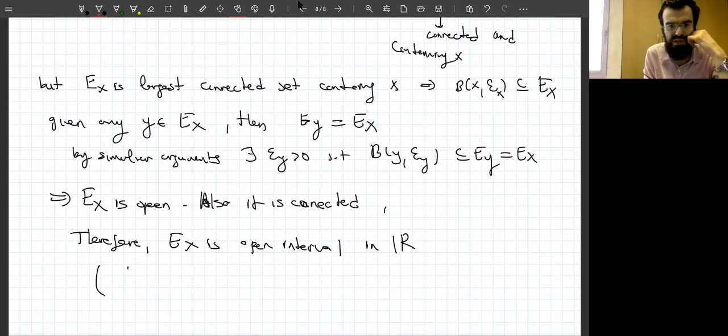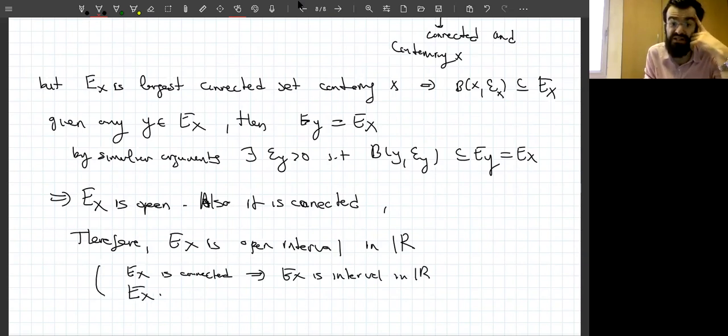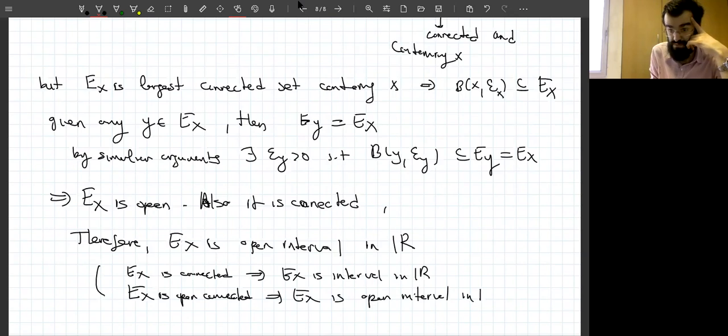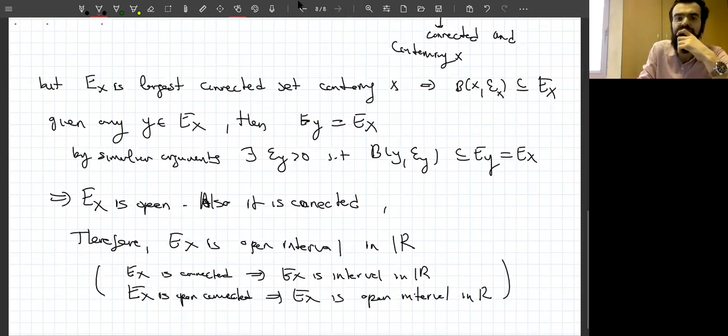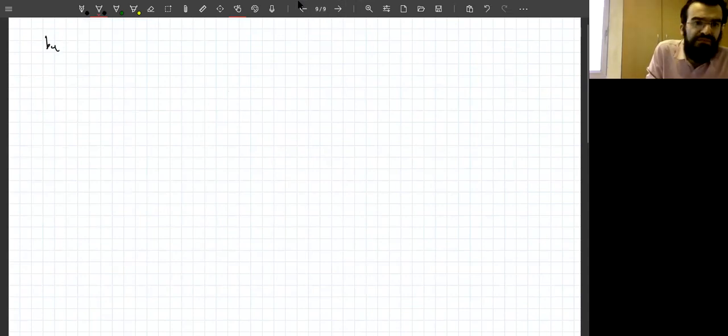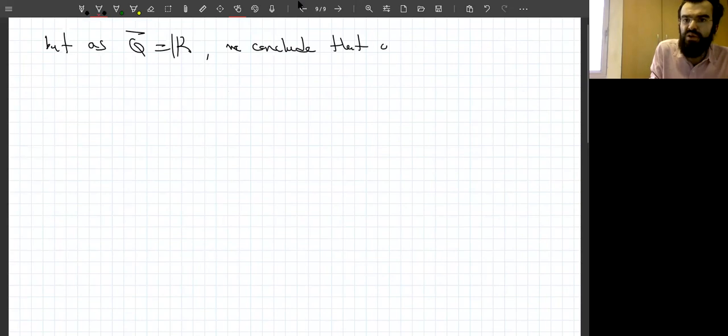So we conclude E_x is connected, which implies E_x is an interval in R, but E_x is open and connected, which implies E_x is an open interval in R. Okay, so in fact, as the closure of Q, the rational numbers, is R, we conclude that any open interval contains a rational number.